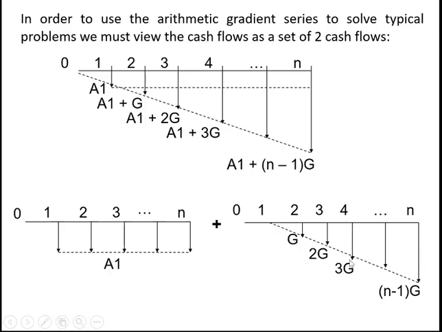These cash flows start from period 2 to n: t, 2t, 3t, and so on, up to (n minus 1)t. This part is the arithmetic gradient.